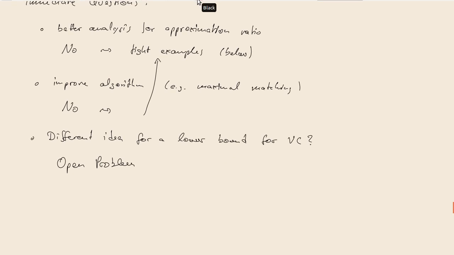So no one has found an algorithm with a constant approximation ratio better than 2. There are algorithms that achieve something like 2 minus a function of n. But if you want to have a constant approximation that does not depend on the size, nothing better is known.